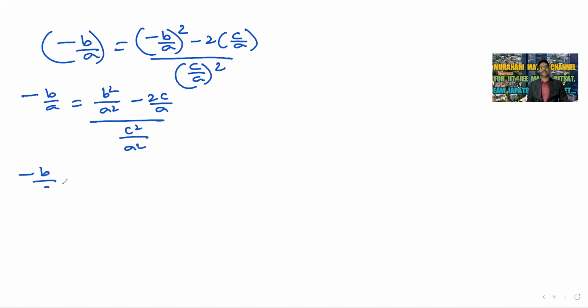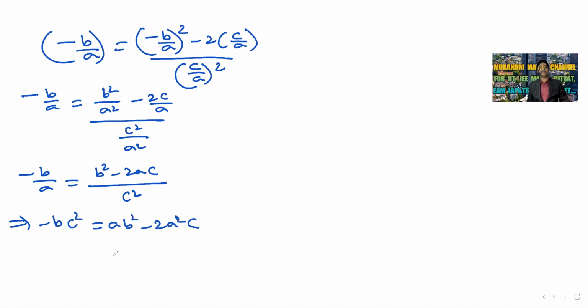Let us take the LCM a square: b square minus 2ac, and after the LCM a square gets cancelled with c square. Let us cross multiply: minus b c square is equal to a b square minus 2a square c. Bringing minus 2a square c to the left side, plus 2a square c is equal to ab square minus bc square, bringing bc square to the other side.